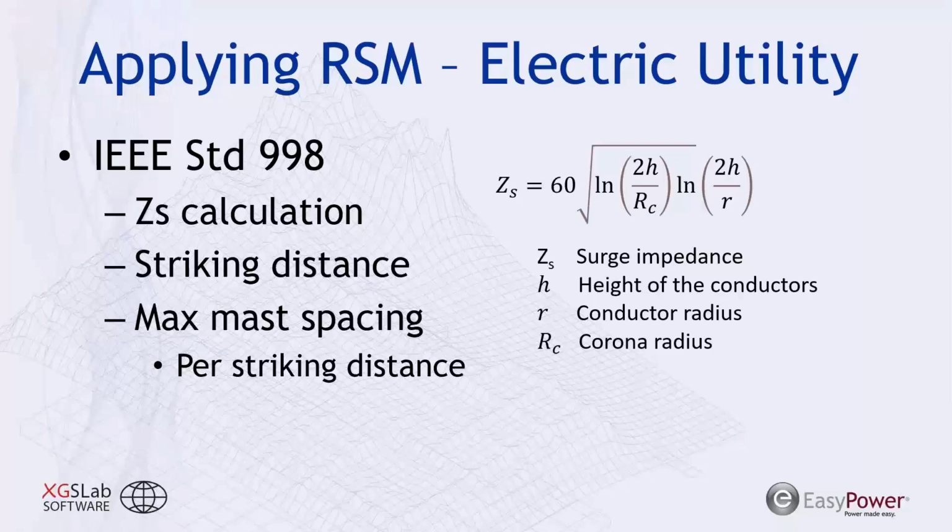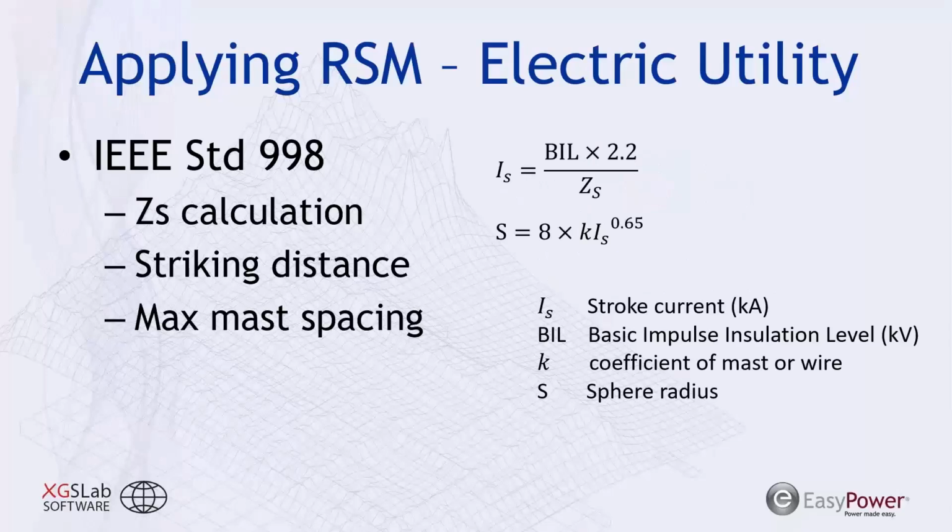Part of that will have a figure lookup to determine the corona radius, or you can create some calculations in Excel or use software in order to calculate that. But this would be our first step in our calculation methodology, is determining that surge impedance.